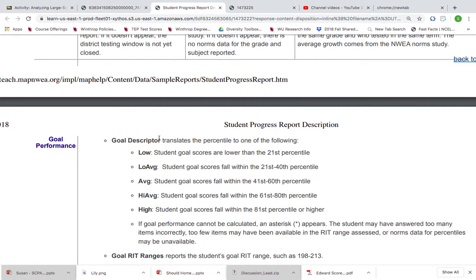Goal descriptor translates the percentile to one of the following, right? So he was 29th percentile, so we're going to put him in the low average group. Student goal scores fall within the 21st to 40th percentile. Okay, so don't be at all intimidated by these types of score reports. It's just a matter of doing a lot of investigating.